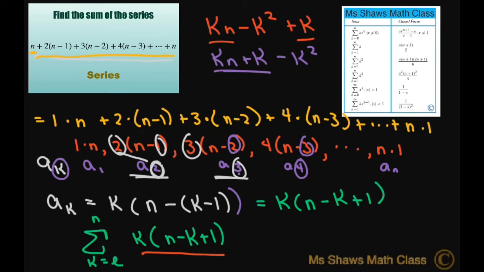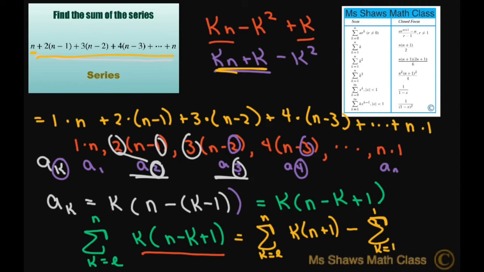So I'm going to break up my sum: the sum from k equals 1 to n of k times (n plus 1), minus the sum from k equals 1 to n of k squared. So this is what we're going to use to get the sum.